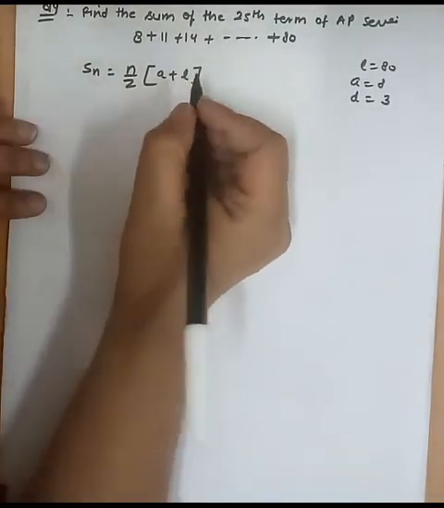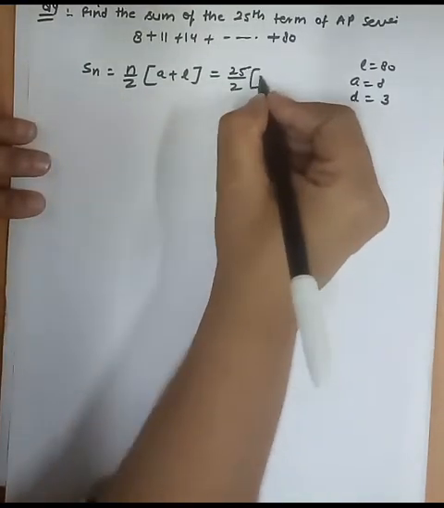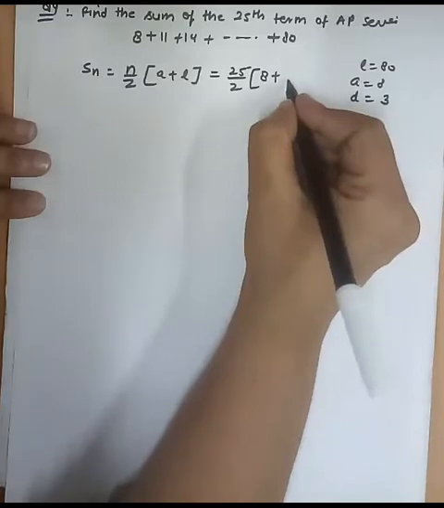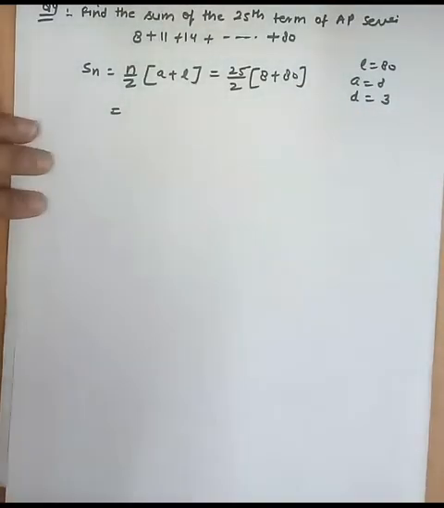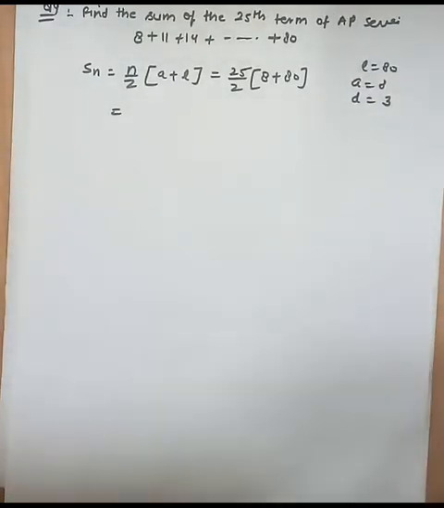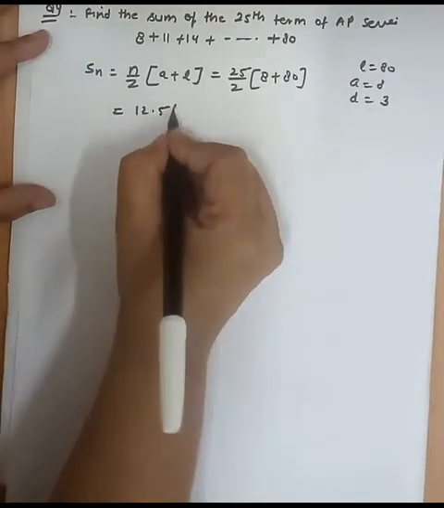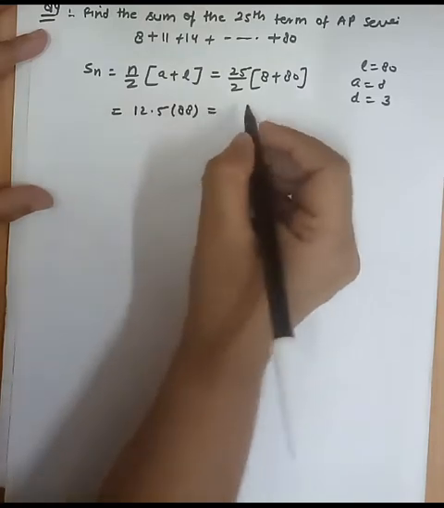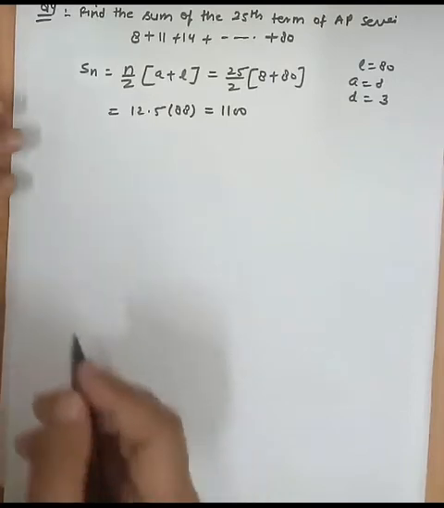So n is 25, a is 8 and L is 80. Now solve this one. It's a very simple question. This one is 12.5 and 88. Now you got 1100. Okay. So this is a very simple question.